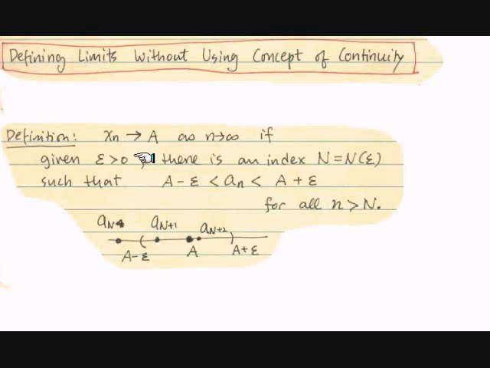Given a positive number epsilon, there is an N depending on that epsilon, such that all the terms fall in between A minus epsilon and A plus epsilon if the index n is greater than the capital N. So the eventual part is taken care of here, and the approaching part is taken care of by this arbitrary property of epsilon.